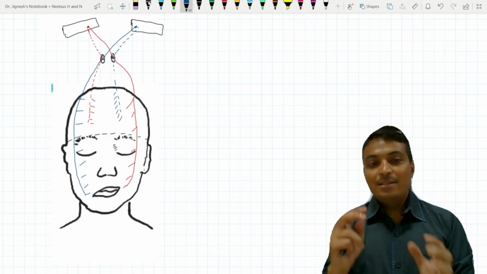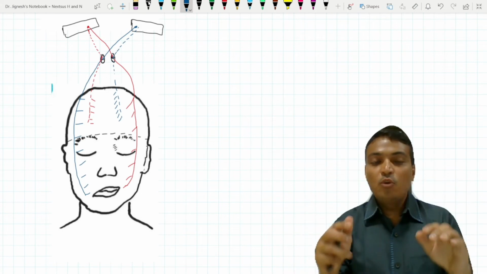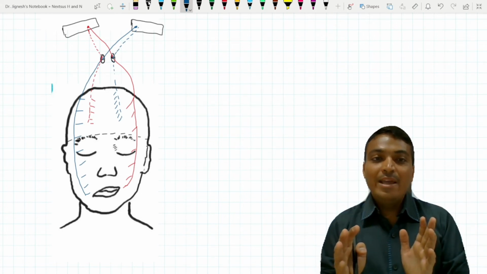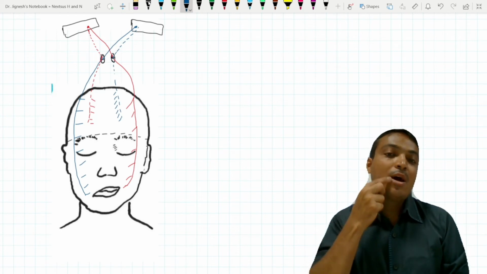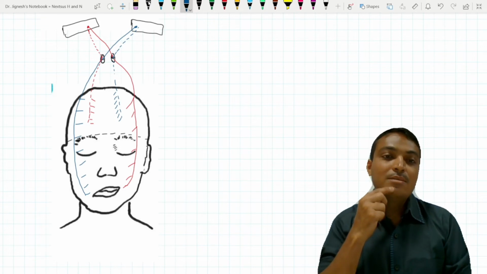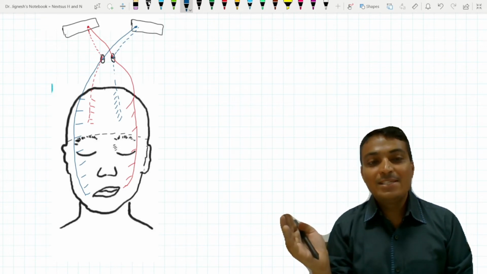So we can say that the upper part of the face is supplied by both sided facial nerve nuclei, while the lower half of the face is only supplied by the same sided unilateral facial nerve nucleus.